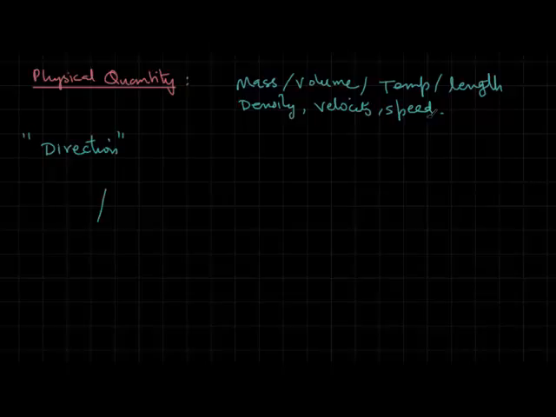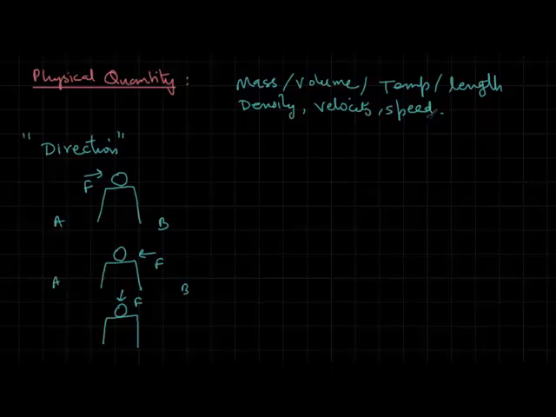For example, there is a ball at the top of a cliff and we apply a force F on it. We can apply the force in this direction, or in this direction, or in this direction. We need to tell whether this ball will fall on the A side or the B side. Clearly, in the first case the ball will fall on the B side. In the second case it falls on the A side. And in the third case it does not fall at all. So the difference between these three cases is the direction of the force.